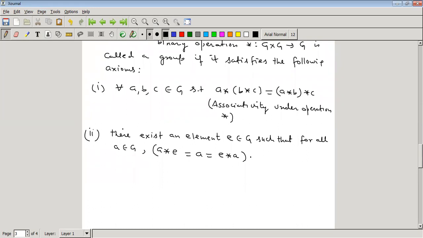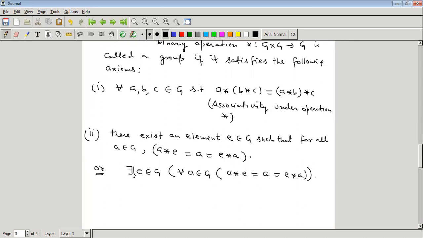We can also rewrite this in terms of quantifiers. This is the easiest one. Instead of writing the English statement, we can write this in a simple way. There exists e belongs to G, such that, I use this bracket for such that, given any a in G, a star e is equal to a is equal to e star a. So you can also write like this. And later on, we prove that this e is unique.